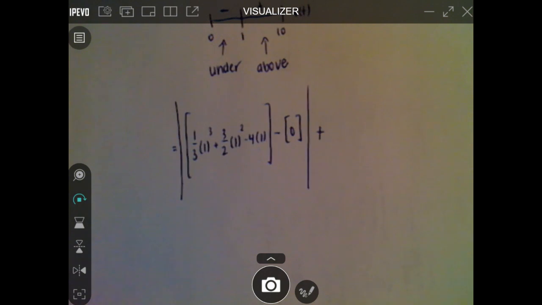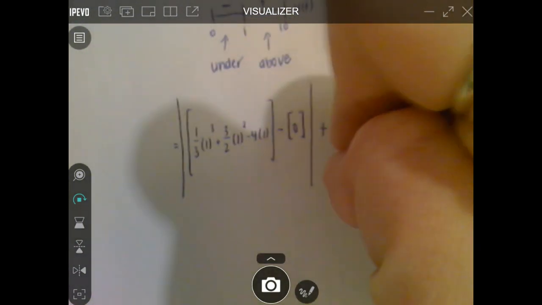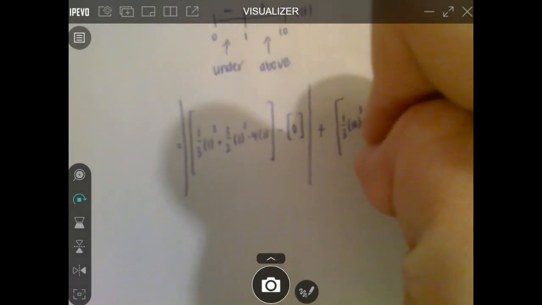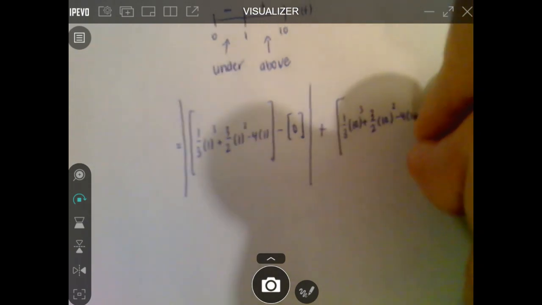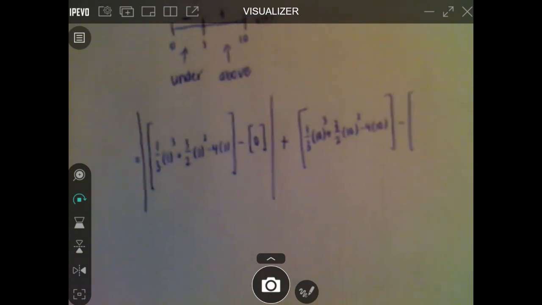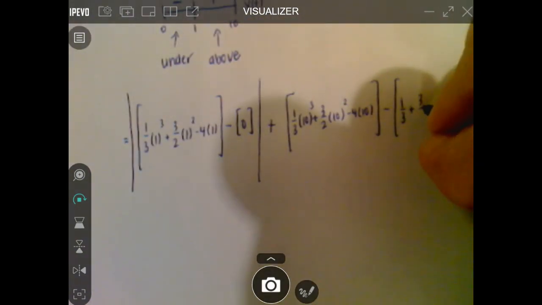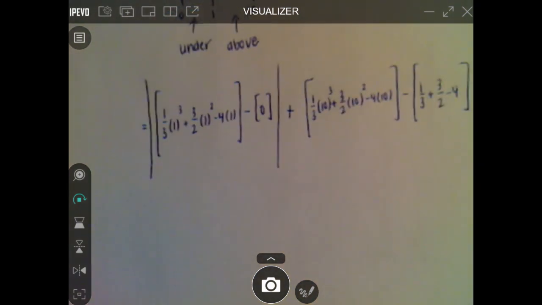So then my second part here is to take that and evaluate it at 10. So 1/3 times 10 cubed plus 3/2 times 10 squared minus 4 times 10. And then subtract that quantity evaluated at 1. So it's going to be 1/3 plus 3/2 and then minus 4 by plugging 1 for all of my t's there.